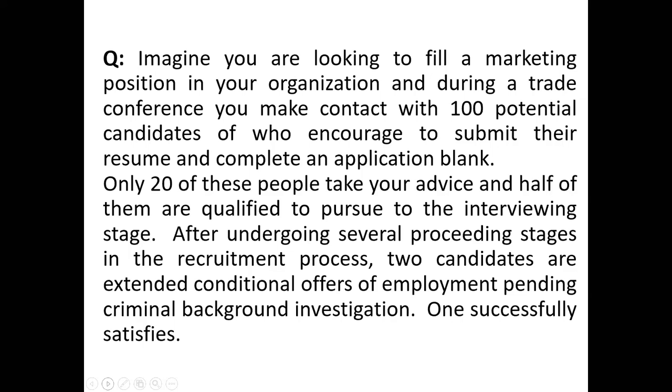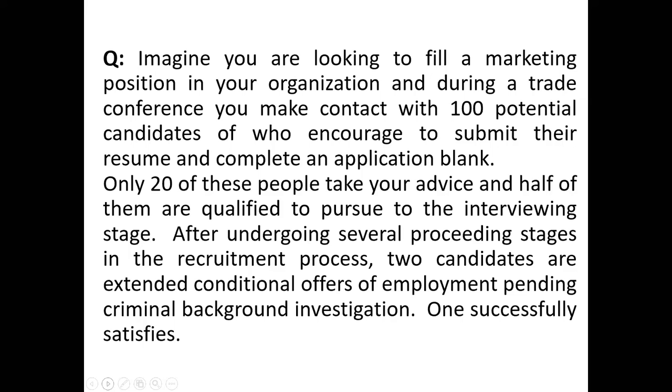And then you screen those 20 candidates. You determine that half of those 20 candidates can actually proceed to an interview. After the interview, yada, yada, yada, in the words of George Costanza, more and more stages in the recruitment process proceed.